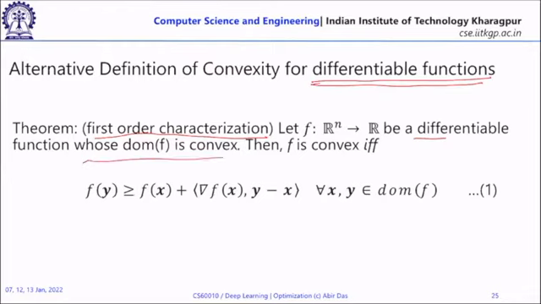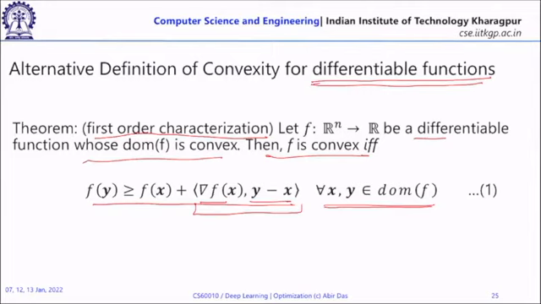Whose domain f is convex, then f is convex if and only if f(y) is greater than or equal to f(x) plus the inner product between grad f(x) and y minus x, where x and y belong to the domain of f, and that is true for all x, y in the domain of f. This is a notation that I have taken from that book, I think Boyd and Vandenberghe. They use this as the inner product.